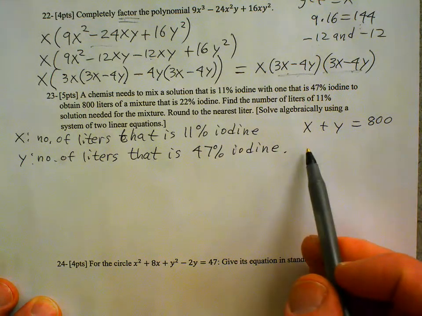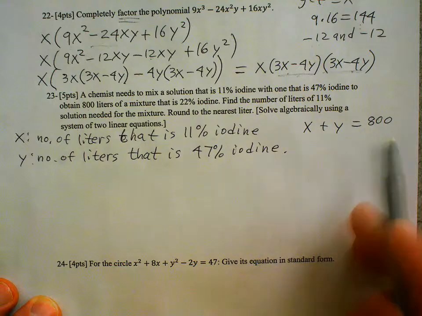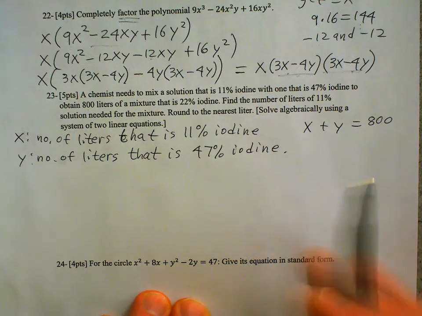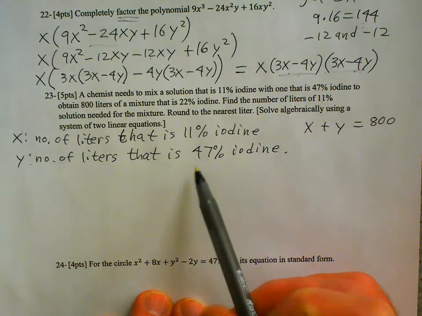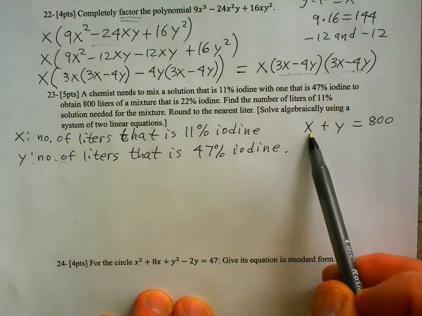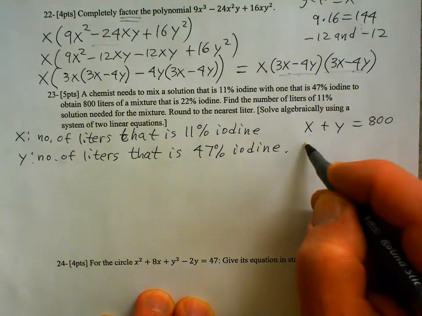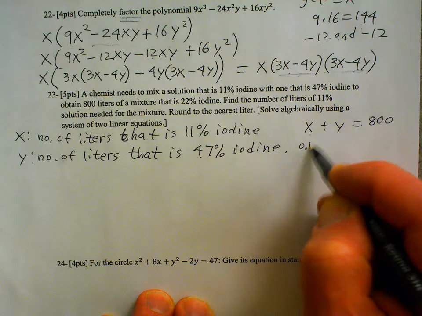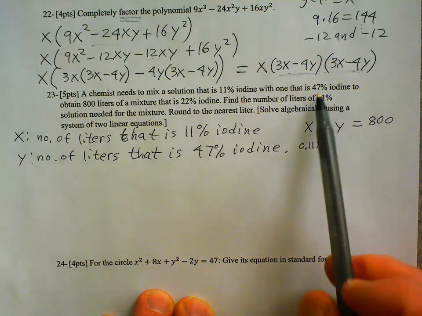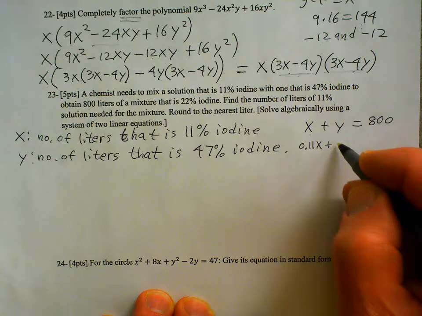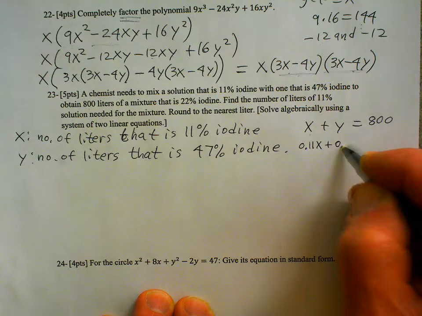And then in the next equation, every term represents the percentage of iodine in those amounts. So x liters is 11% iodine, so our second equation is 0.11 times x. Y liters is 47% iodine, so we have 0.47 times y.